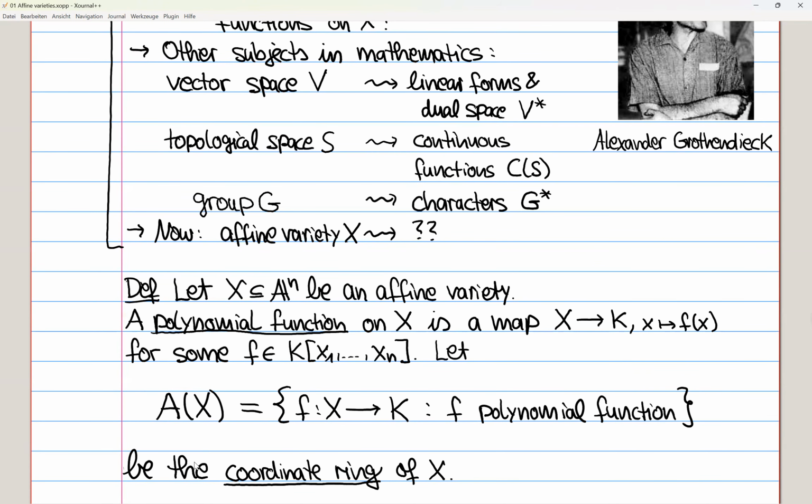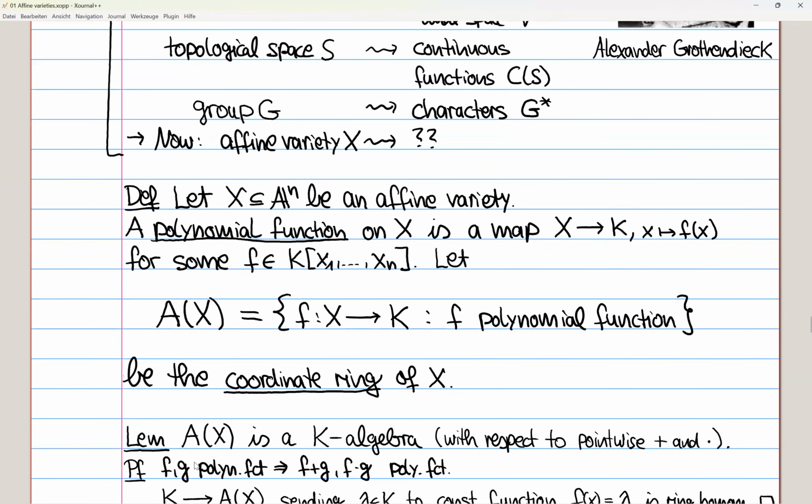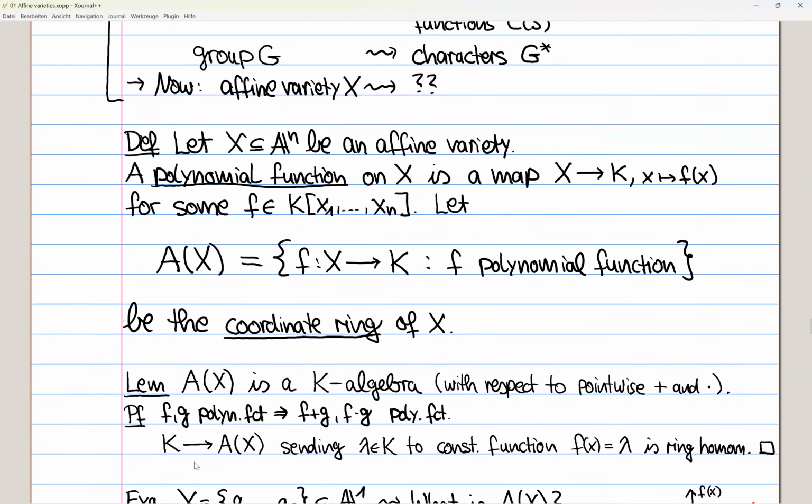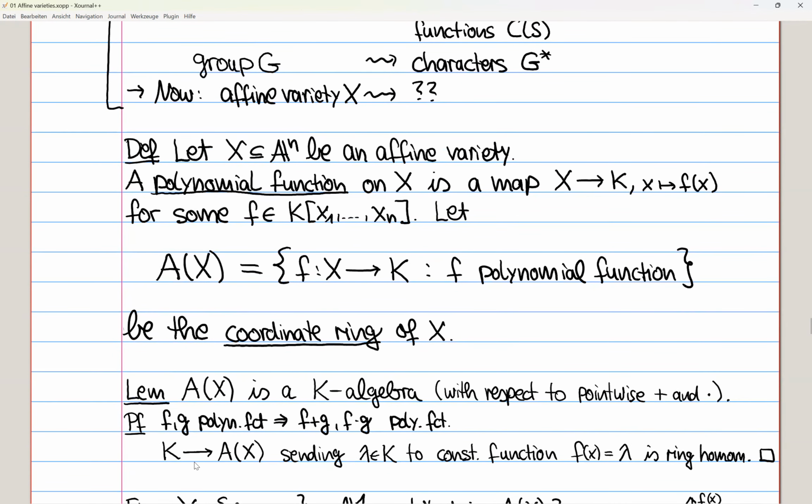The first basic thing that we should convince ourselves of is that indeed it deserves to be called a coordinate ring. Namely, it is a ring, and not only a ring, in fact it is a K-algebra over this field, with respect to pointwise addition and multiplication. Given two functions on X, of course, you can always add them pointwise and multiply them.